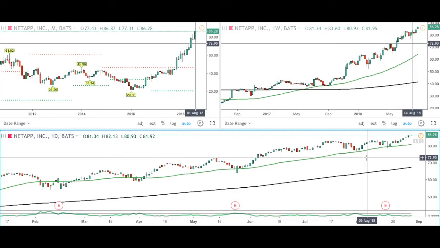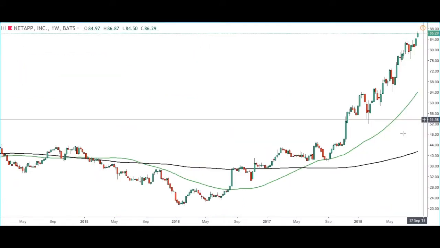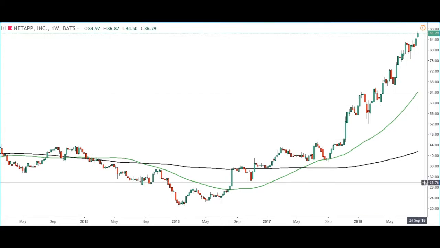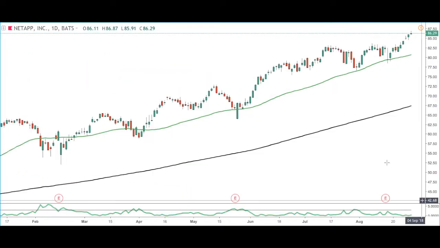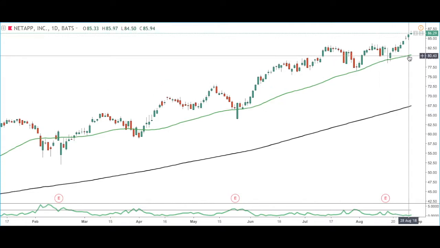The next stock we'll be looking at is NetApp Incorporated, ticker symbol NTAP. Looking at the weekly time frame, price is trading above the 200 moving average and the 50 moving average. On the daily time frame, price is trading above the 200 moving average and the 50 moving average, giving us another bullish bias and bullish trend on this stock.